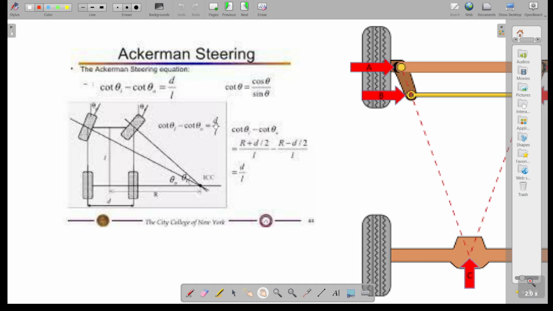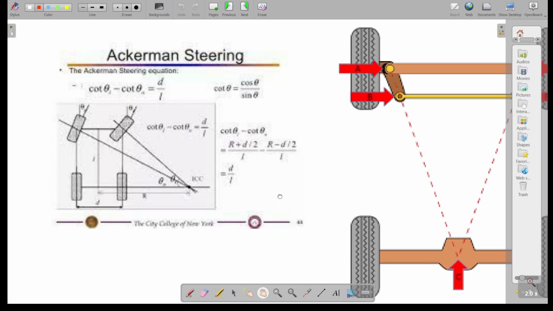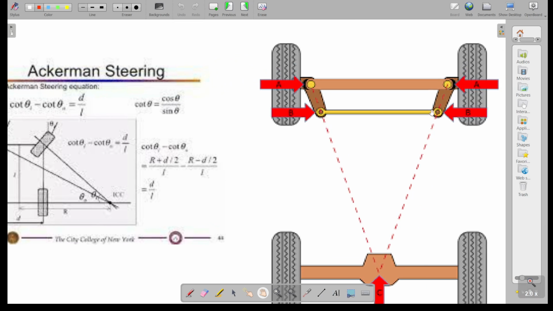So d by L is the mathematical equation to achieve the Ackermann steering. Ackermann steering is actually a 4-bar mechanism, with bars 1, 2, 3 and 4, by the help of which you get your steering.